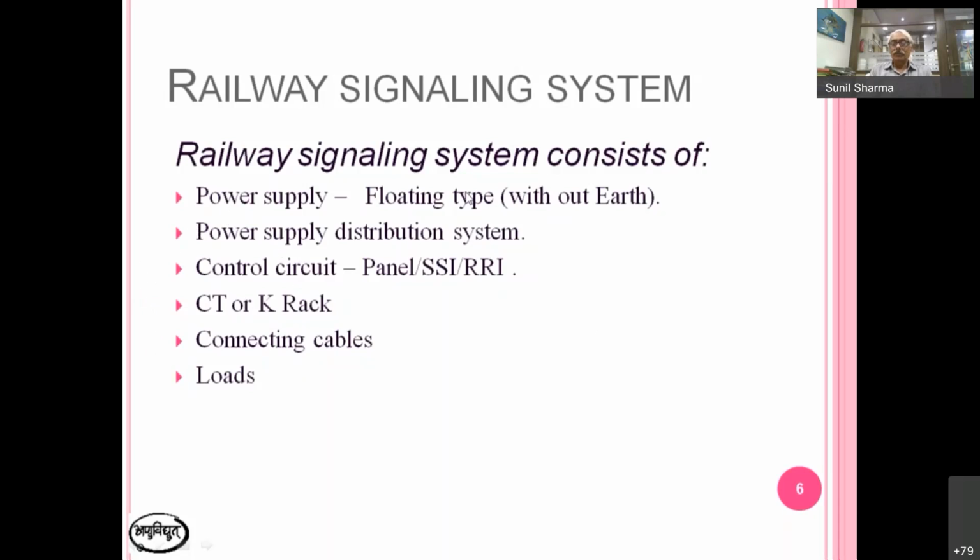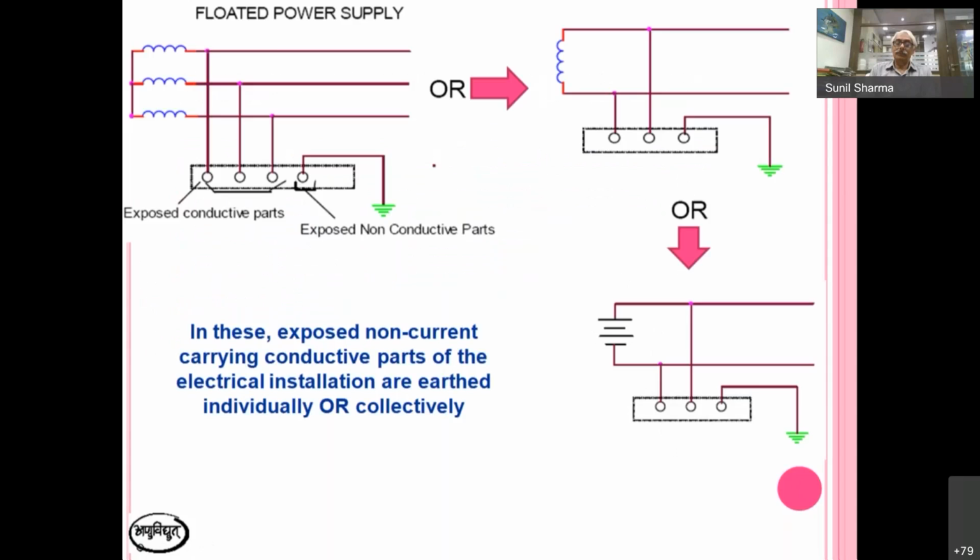ELD monitors all these things. How? I will explain. These are the power supply examples: this is the three-phase floating power supply, this is single-phase floating power supply, and this is DC floating power supply. Okay, sir. Earth is shown here as the body earth.